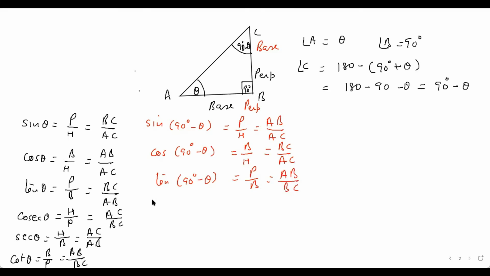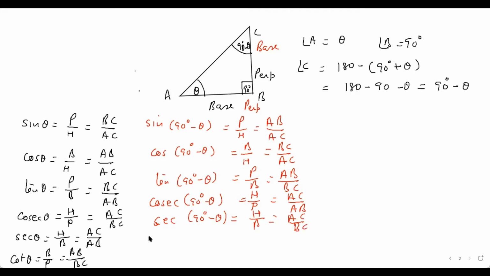Now what is cosec (90 degrees minus theta)? That is hypotenuse upon perpendicular. That is AC by AB. What is sec (90 degrees minus theta)? That is hypotenuse by base. That is AC by BC.